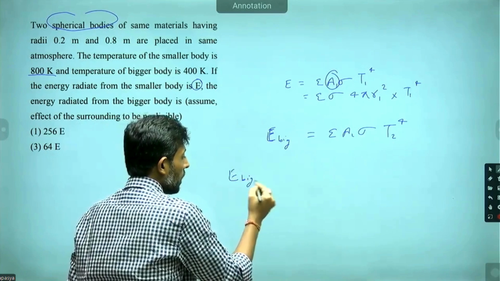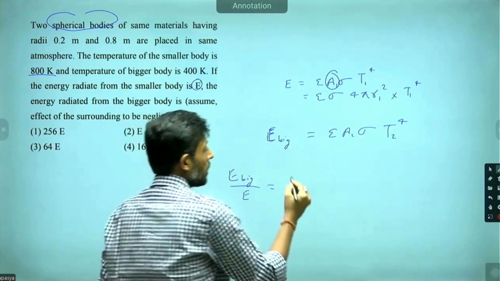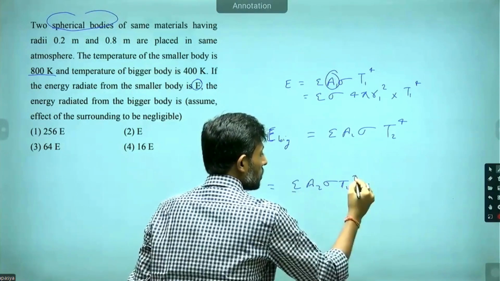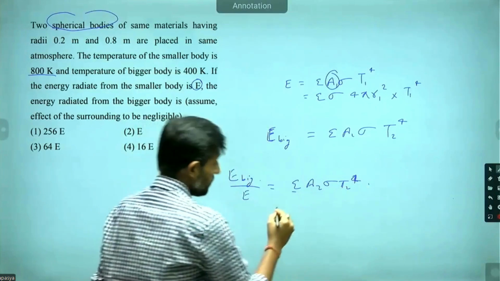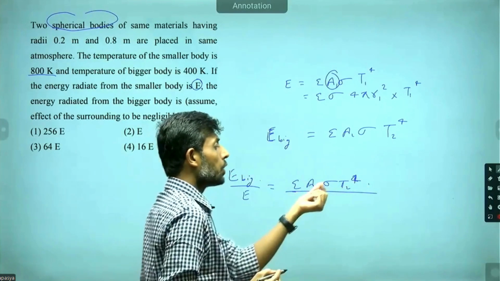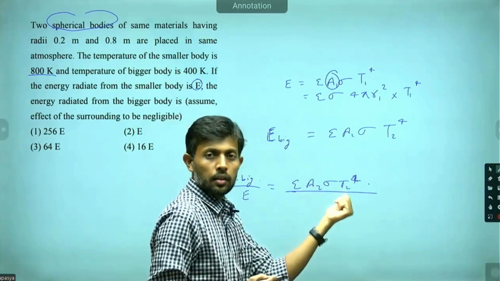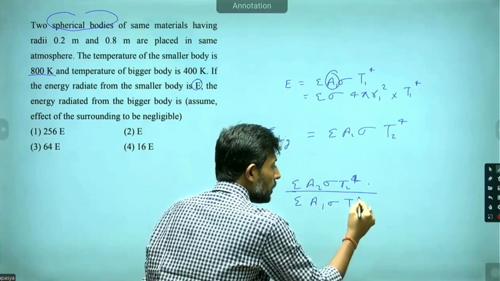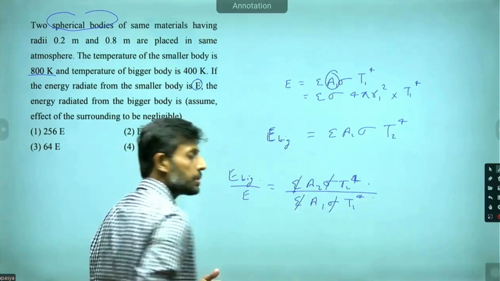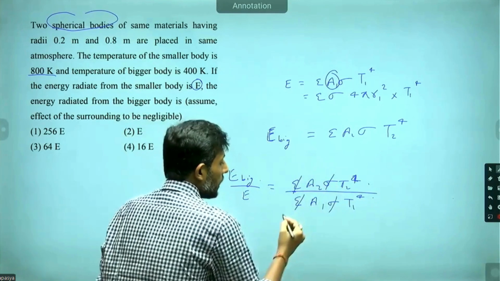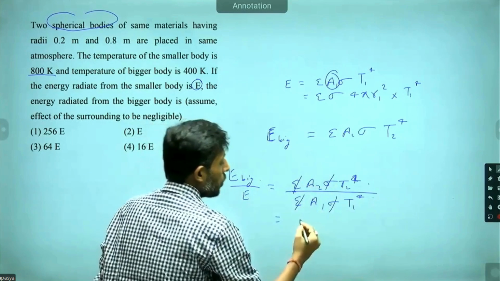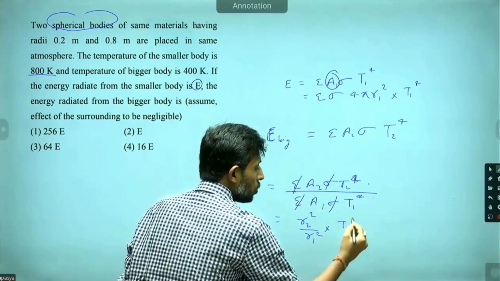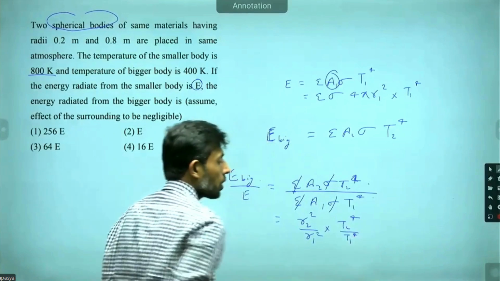E big upon E is epsilon A2 sigma T2 to the power 4 divided by epsilon A1 sigma T1 to the power 4. Sigma, sigma, epsilon, epsilon cancel out. In A2 upon A1, we're going to have R2 squared upon R1 squared. And here we have T2 to the power 4 upon T1 to the power 4.